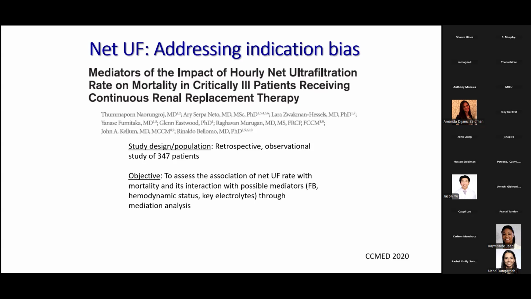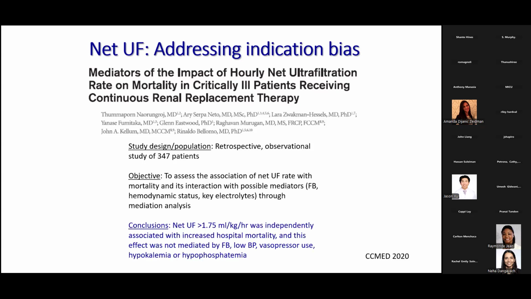So the investigators tried with different cohorts to evaluate if this relationship of higher net ultrafiltration and increased mortality could have mediators like fluid balance of the patient, the hemodynamic status, and some key electrolyte parameters, doing some mediation analysis. And they found that no, in this still observational data, still partially addressing indication bias, it seems that this signal is real, that net ultrafiltration above 1.75 was independently associated with increased mortality.